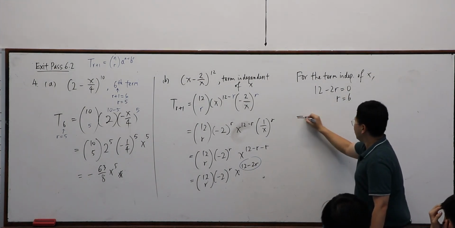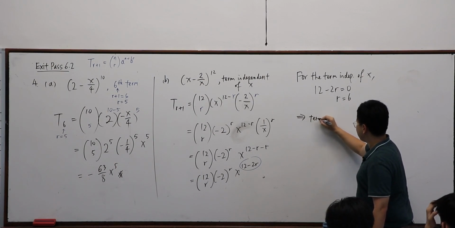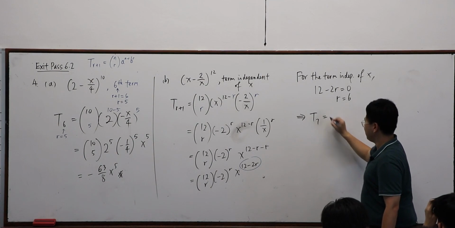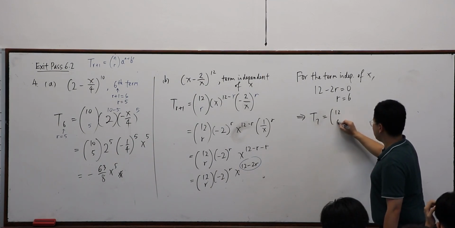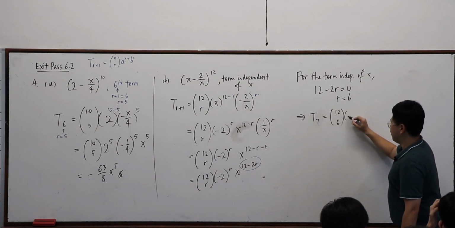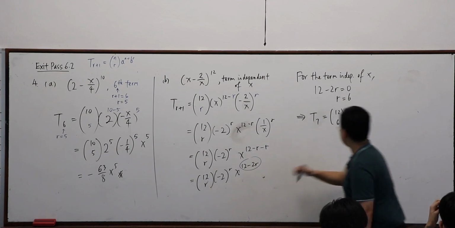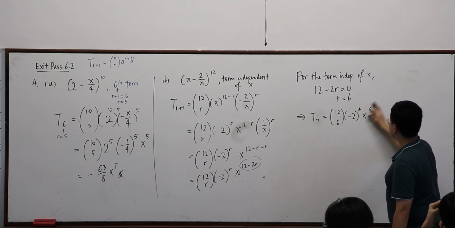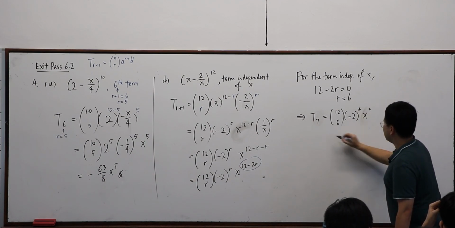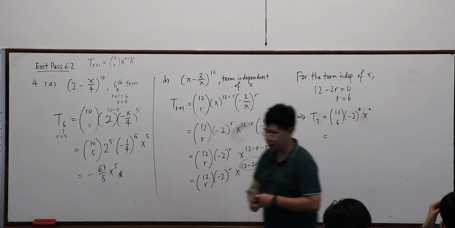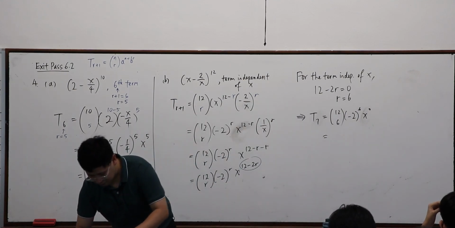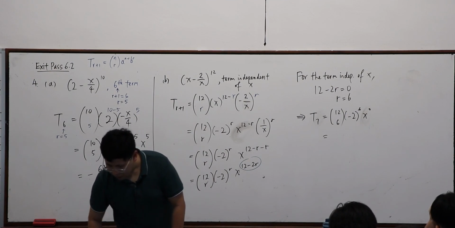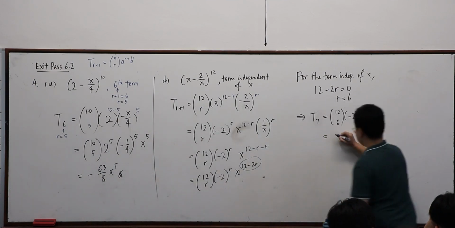Therefore the term independent of x, which is T7, is equal to 12 choose 6, negative 2 to the power of 6, x to the power of 0. So this is just 59136.